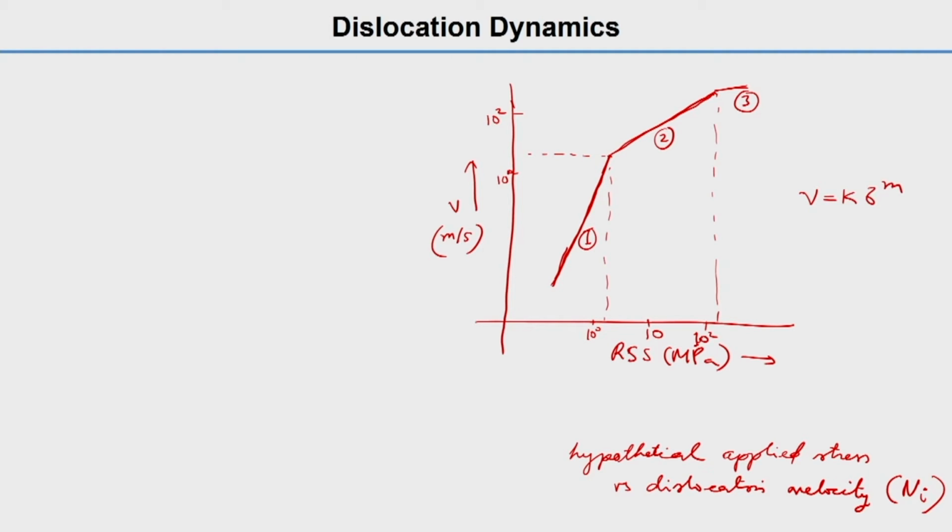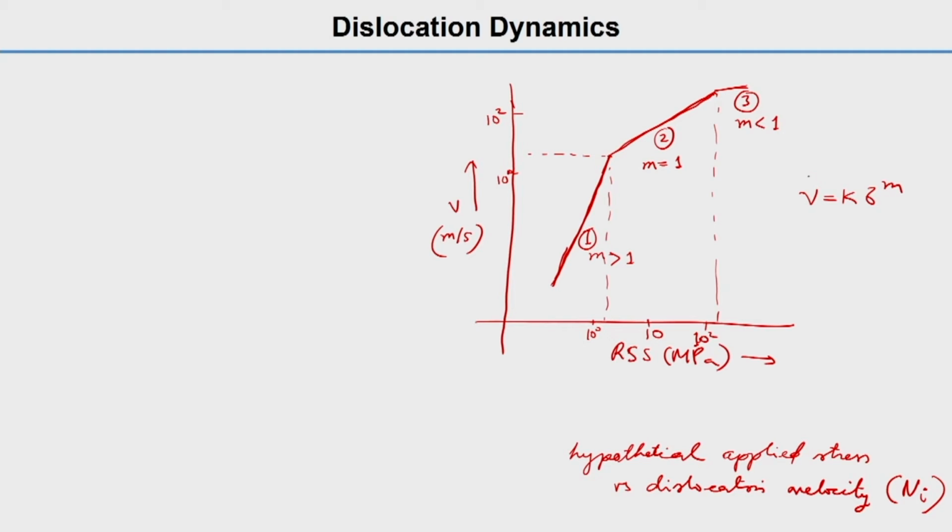Using this relation, for the first region m is greater than 1, in the second region m is equal to 1, and in the third region m is smaller than 1.